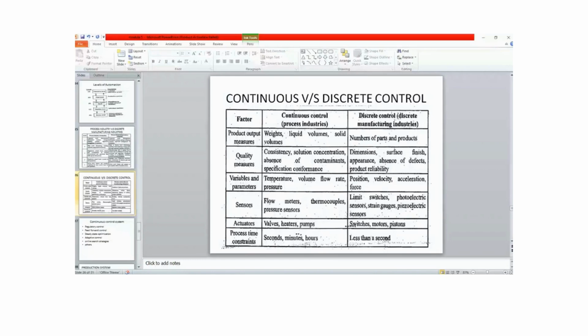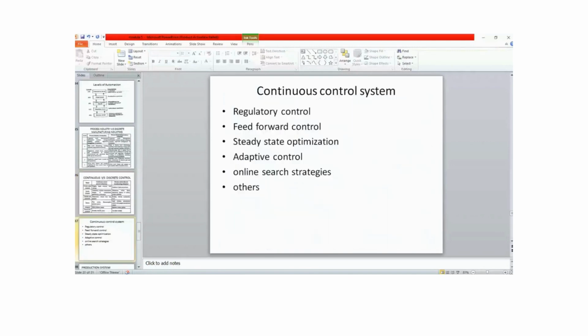The next slide. What is a continuous control system? In order to improve continuous control systems, you can see the regulatory control system, feed forward control system, steady state optimization, adaptive control system, unlearned search strategy, and others. These are made for improvement.